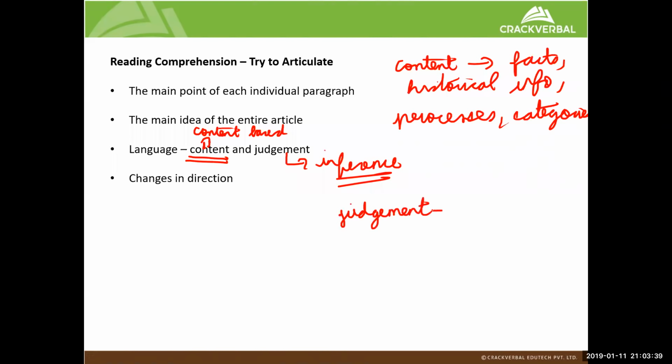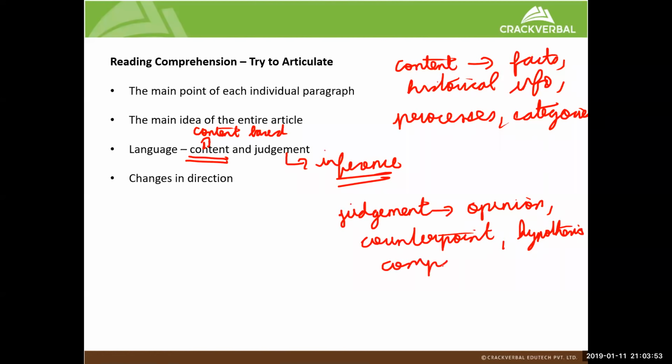When I give you an opinion, a counterpoint, a hypothesis, or a comparison between two things, all of these would be judgments. So look for content-based data and judgment-based data, and ideally your judgment-based data will help you solve inference-based questions, and the content-based data will help you solve content-based questions.